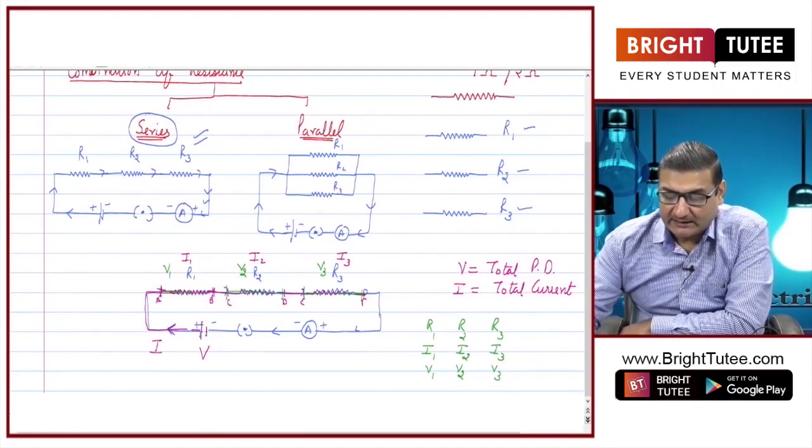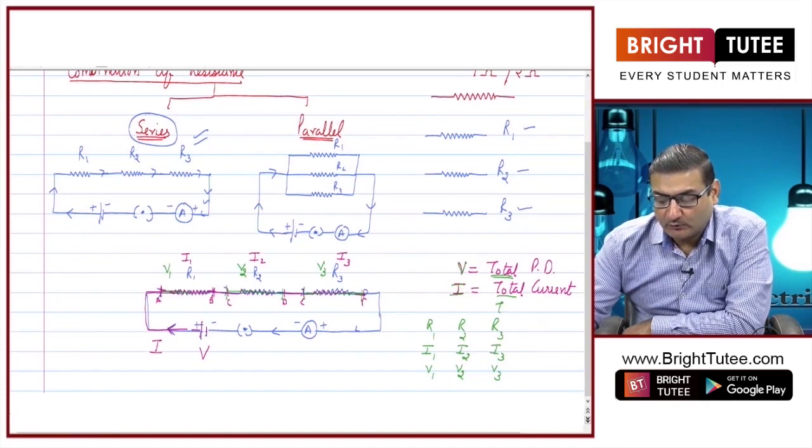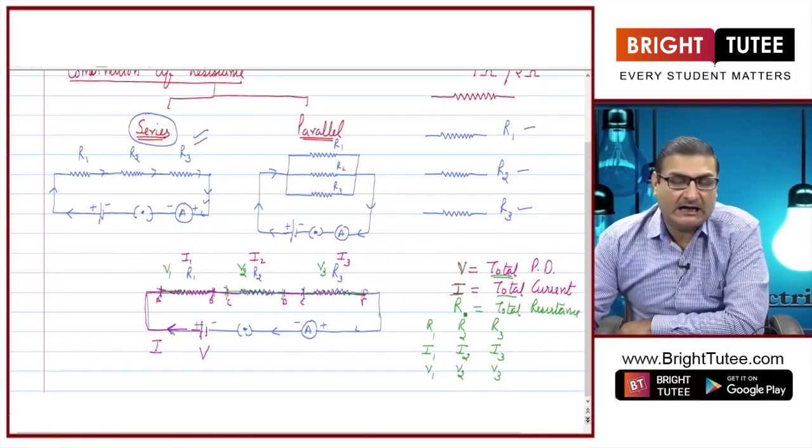In totality, if I am talking about the whole circuit, then total potential difference is taken to be capital V, total current of the circuit is taken to be capital I, and total resistance in the circuit is taken to be capital R.